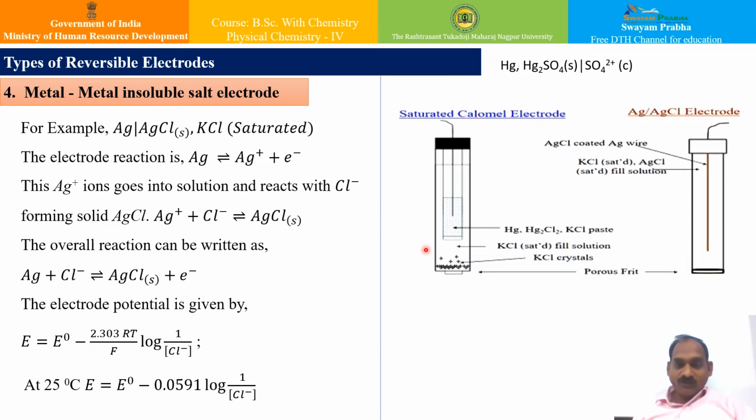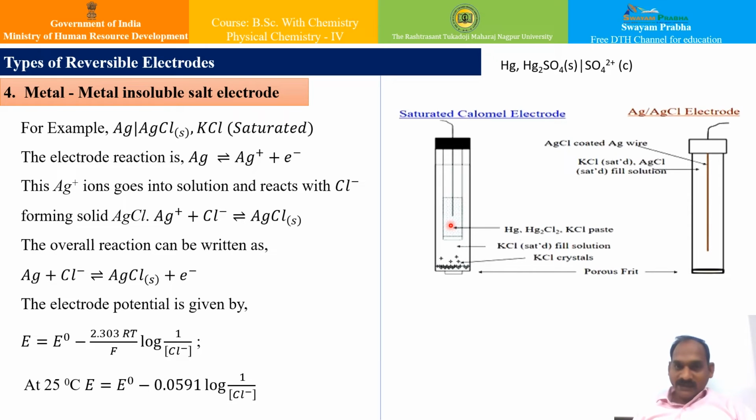Now, this calomel electrode, we will see further also the detailed construction of the calomel electrode. But for now, this calomel electrode consists of mercury in contact with mercurous chloride. You can see, isn't it? So here there is mercury in contact with mercurous chloride, and this is particularly known as calomel paste.